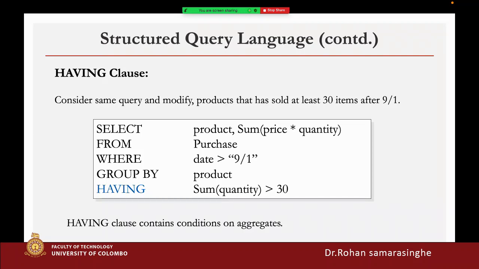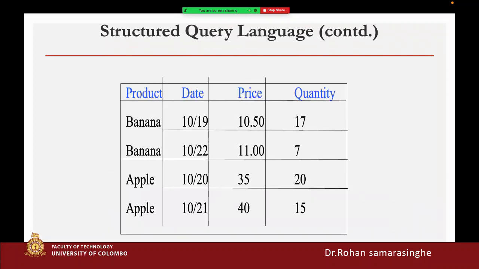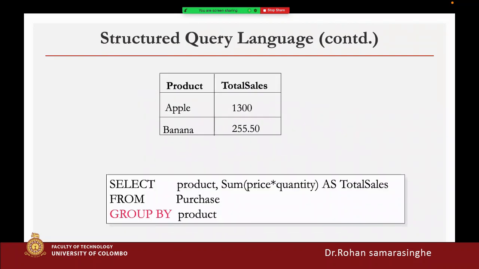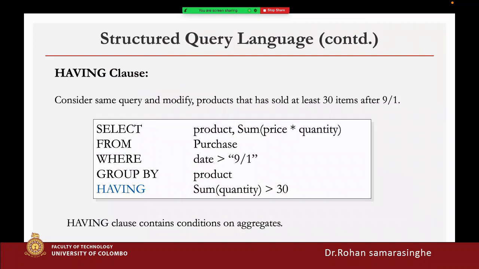When you group the product as apple and banana, the banana quantity is 17 plus 7, 24, and the apple quantity is 20 plus 15, 35. That means the HAVING is sum of quantity greater than 30. The HAVING clause contains the condition on aggregation.